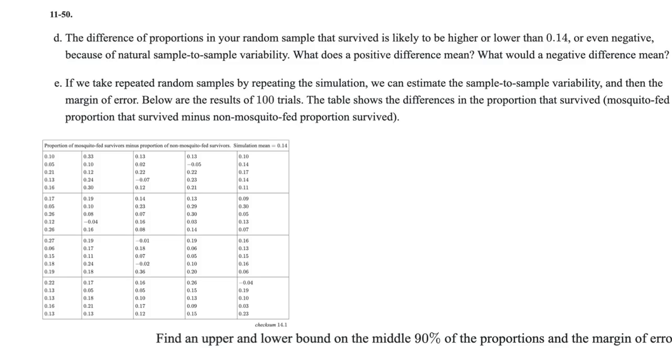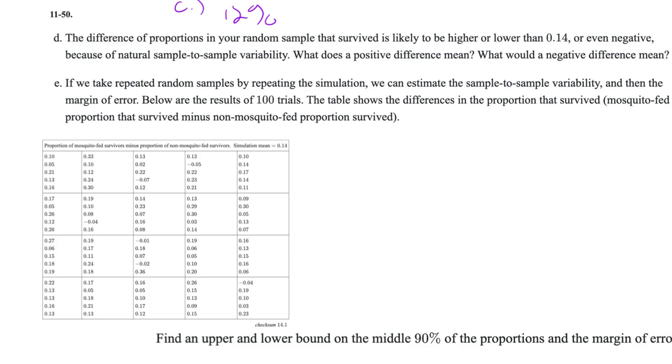Jumping to part D, we found it was 12% in part C. Part D says the difference between the proportions in a random sample is likely to be higher or lower than that 14%, or even negative, because of natural sample variability. What does a positive difference mean?